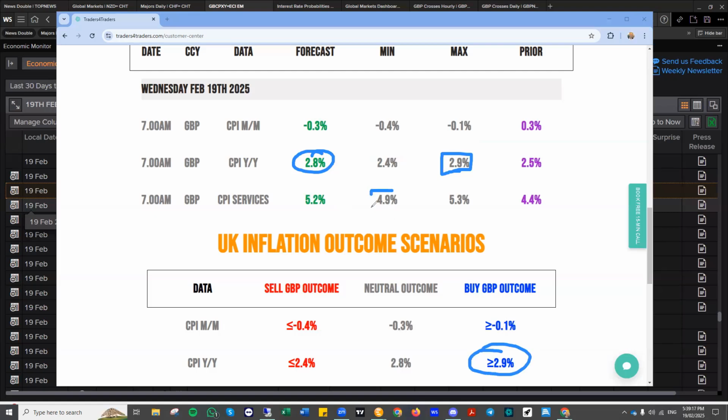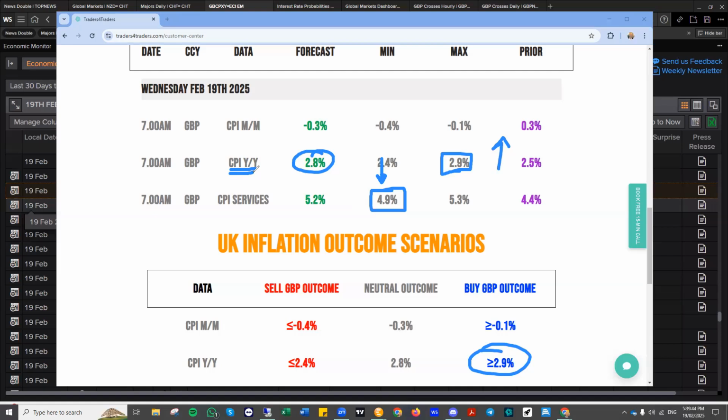If we, at the same time, get a number below on the services CPI, that can offset that move, right? So this would be up, that's down. If I opened a position on the CPI number itself, and I usually hit the market, no hesitation on that number, okay?